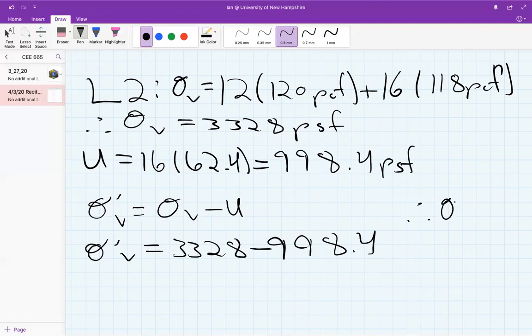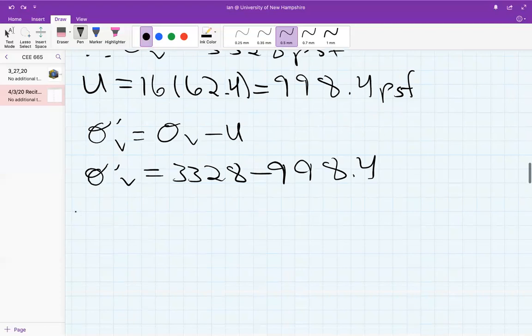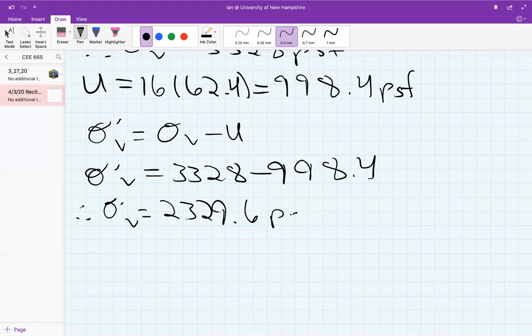So therefore, the effective is going to equal, I'm going to write this down below, 2329.6 PSF.